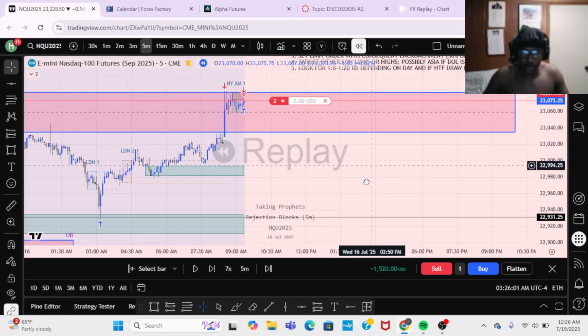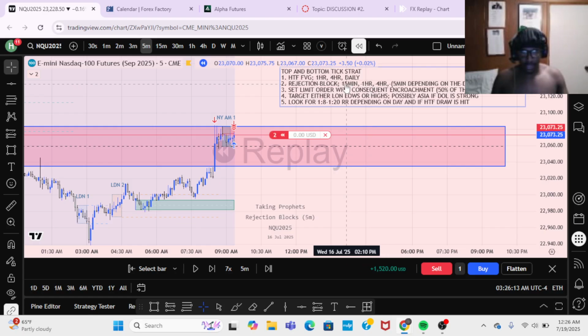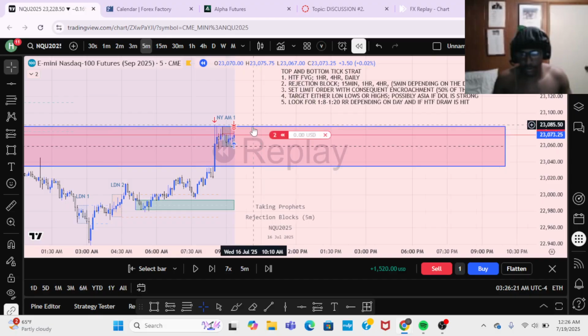So after we identify the higher time frame draws, like the 4 hour fair value gap, 1 hour, daily, after we have a rejection block, whether it's 15, 1 hour, 4 hour, maybe the 5 minute, depending on what the day is looking like, we're going to set our limit order.